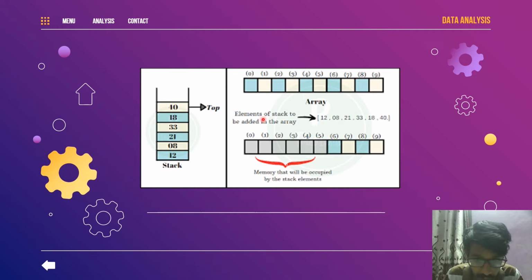The elements of the stack can be added to the array likewise from the bottom to the top. So the bottommost element will go in the 0th position, the next one in the first position, and it goes on and on, and the topmost will be in the 5th position. This is the memory that will be occupied by the stack elements inside the array. This is how we can represent a stack in an array form.